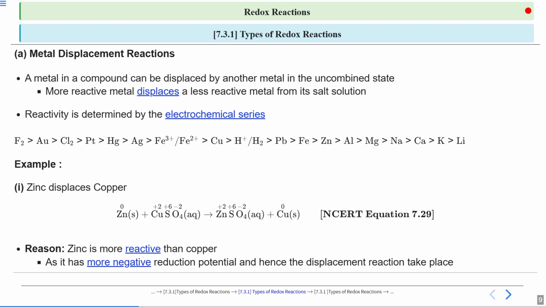The reaction will not take place. Why? Because if you look at the electrochemical series, you will find that copper comes first and then zinc. That means zinc has the more tendency. So this is all about the metal displacement reaction.